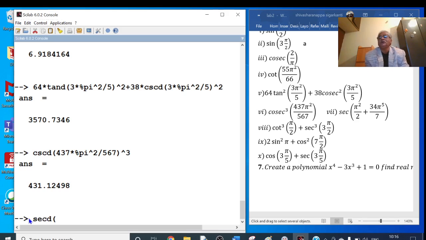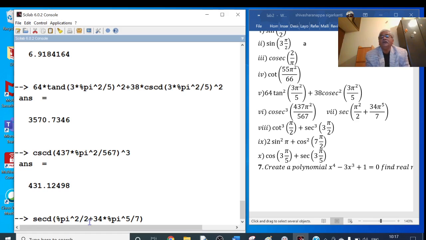In the bracket, the argument is pi square by 2, that is percent pi caret 2 divided by 2, plus 34 pi to the power of 5, that is percent pi caret 5 divided by 7, bracket close.